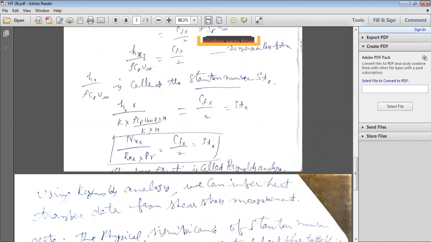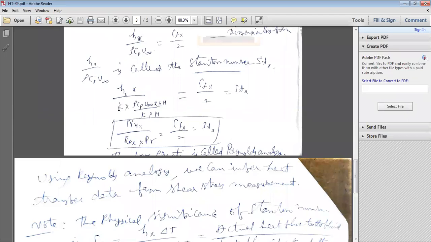Okay, now you multiply with x and divide with x on the left hand side, in the numerator. In the denominator, multiply with k into mu and divide with k into mu.